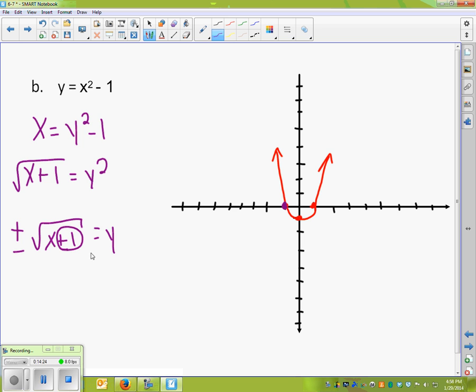And then for a square root, I go up and to the right 1. That's the positive. Down and to the right 1. That's the negative. So a square root is just like a parabola turned on its side. So this concludes the first portion of Lesson 6-7.